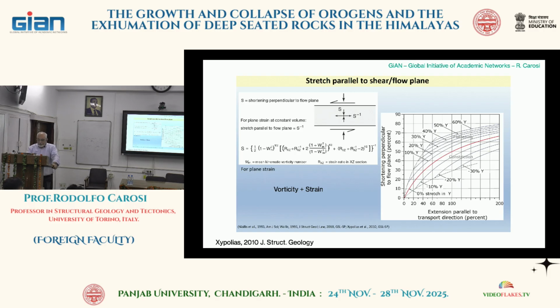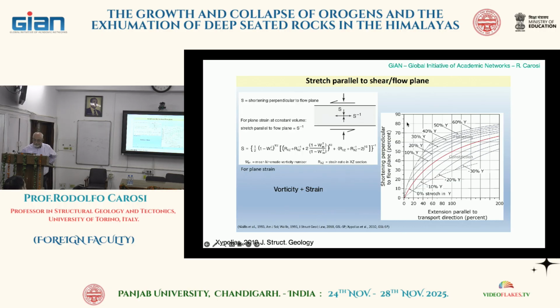And this method has been used by Don Kellett and Rick Lowe for the South Tibetan Detachment, also in some papers, also in Argentera in the Variscan shear zone. It's useful because if you have these two values, you can combine and calculate the amount of lateral extrusion.